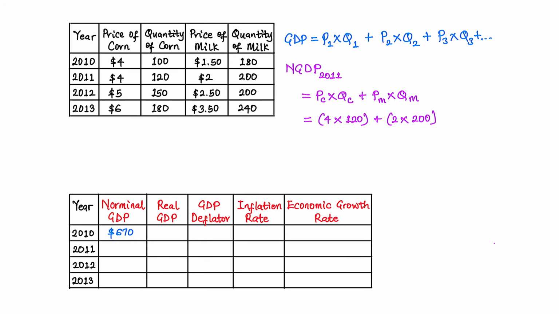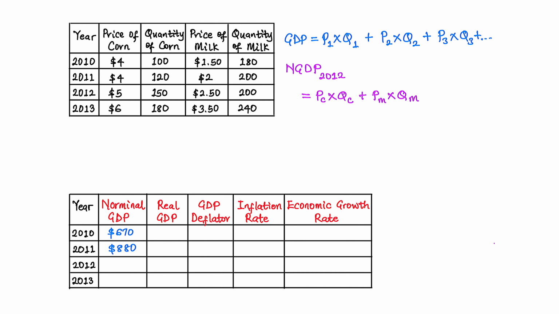And then we simplify. 4 times 120, that's 480, plus 2 times 200, that's 400. So when we sum it up, we have $880. Nominal GDP in 2011 is $880.